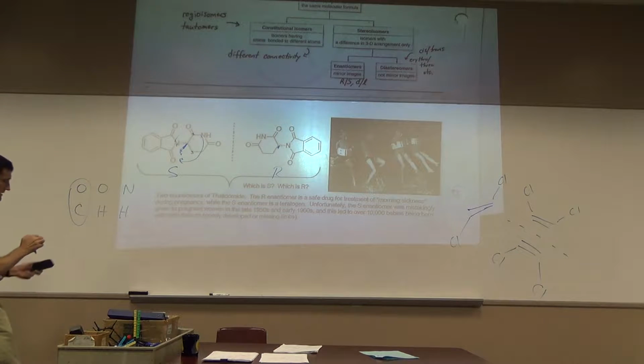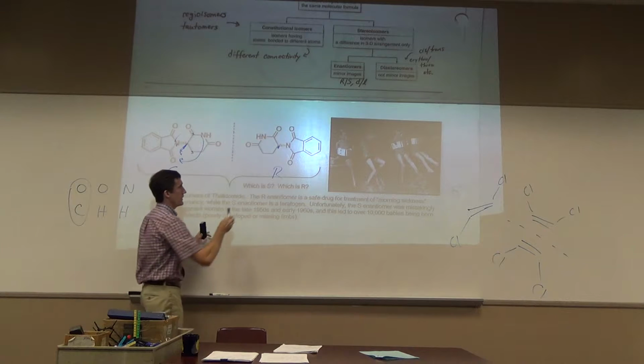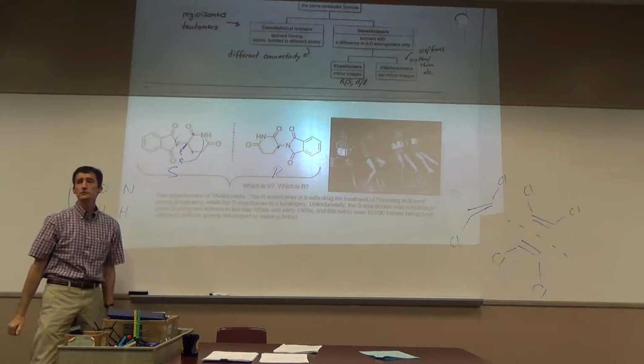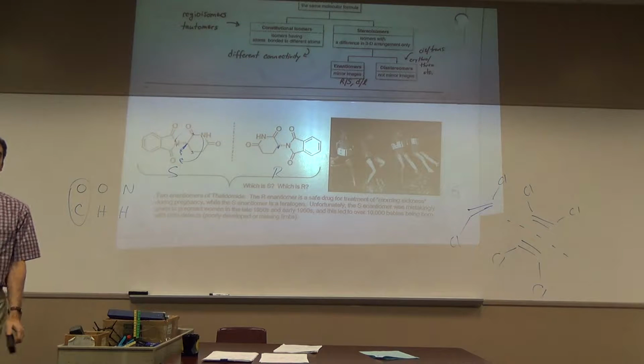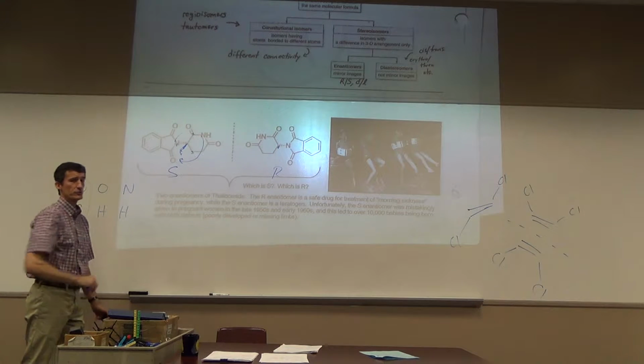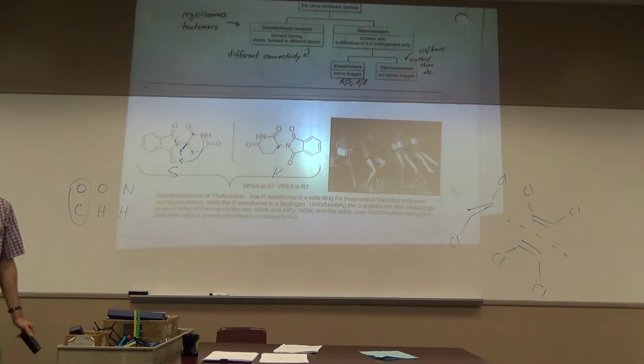Now, thalidomide, the R compound is safe. This drug was used in the late 50s and 60s to treat morning sickness in pregnant women, especially in Europe. Okay, some in the United States. R is safe. S is a teratogen, causing defects to the developing fetus.